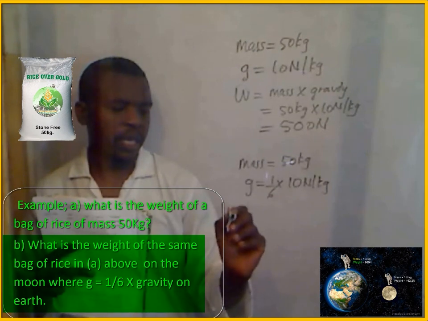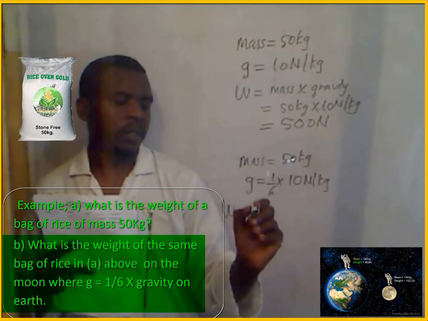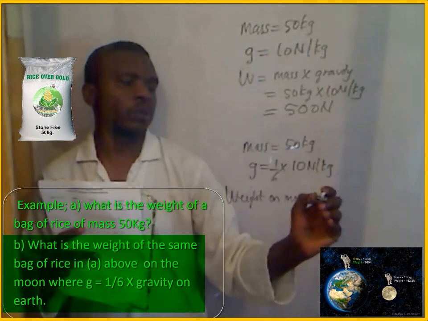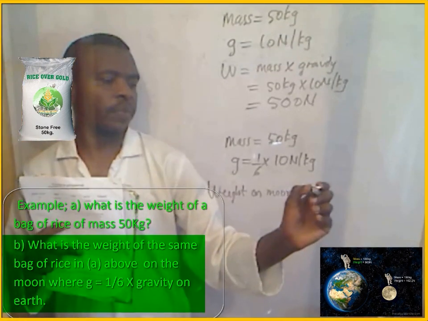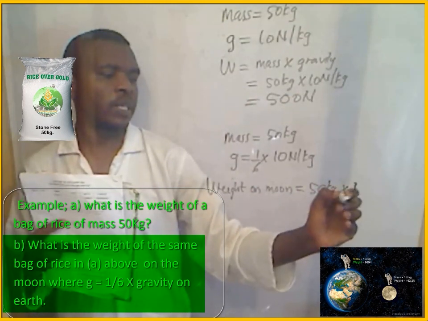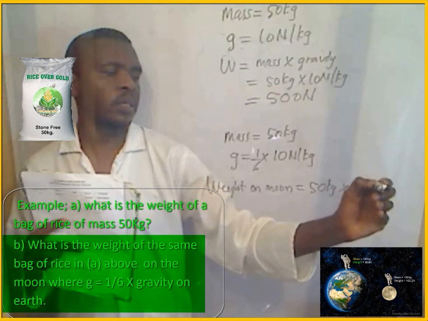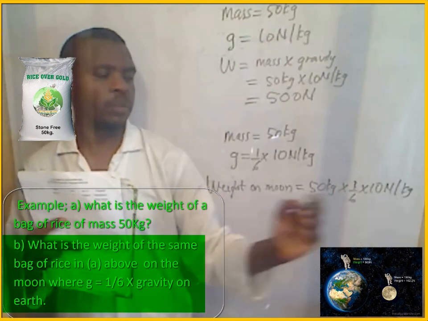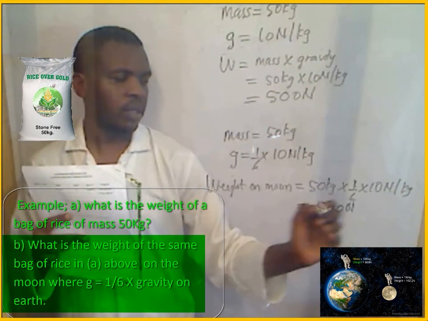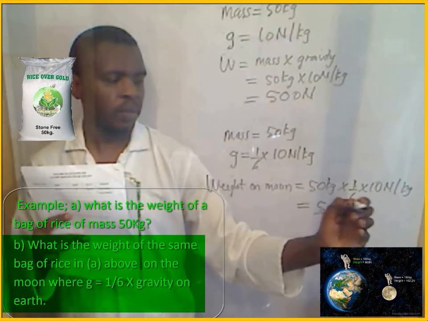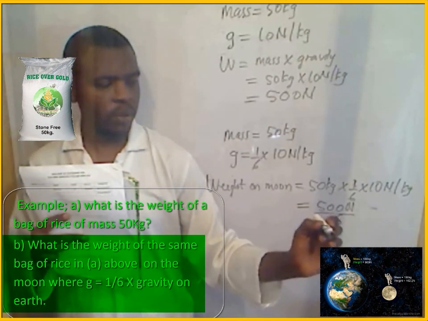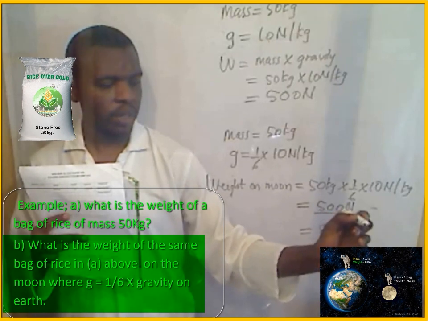So our weight there on the moon will be equal to mass 50 kilograms times 1 over 6 times 10 Newton per kilogram. This will give us 500 Newton divided by 6, which is equal to 83.33 newtons.